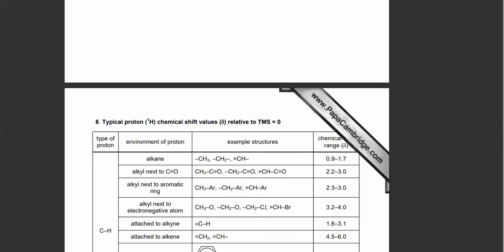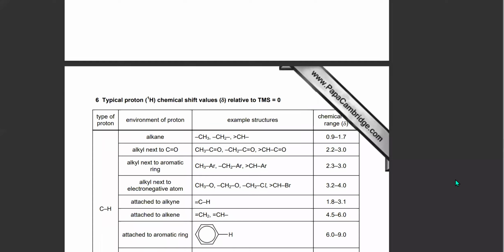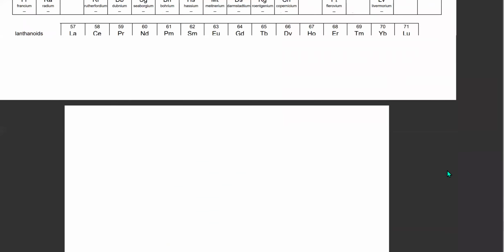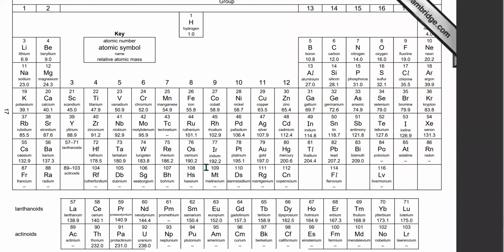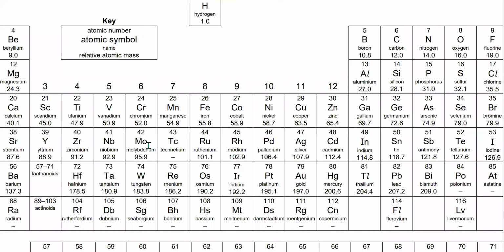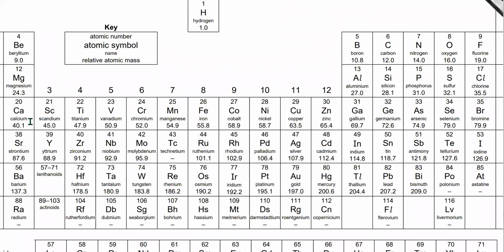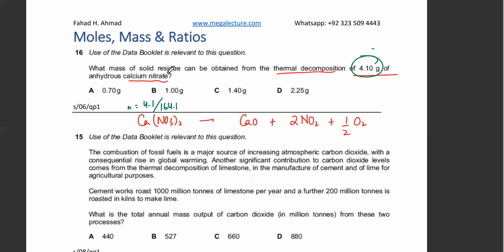Just don't use your memory that much, because I did previously tell you that the MR values are a lot more accurate compared to your O-levels periodic table. So your calcium value is 40.1. It's not actually 40, it's 40.1. Nitrogen is 14.0, and oxygen is 16.0. So make sure this one comes out to be 164.1.